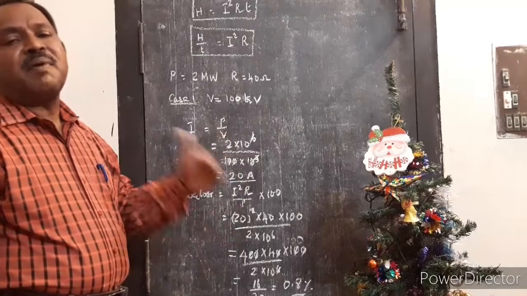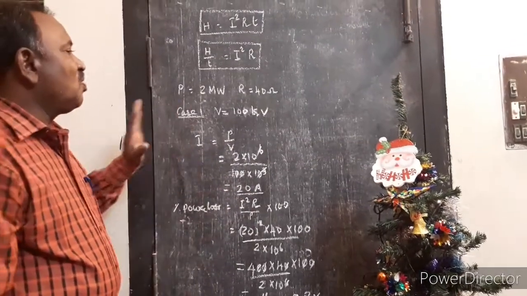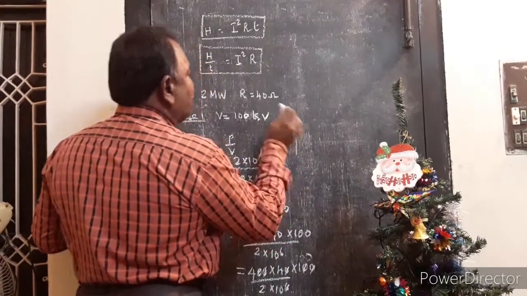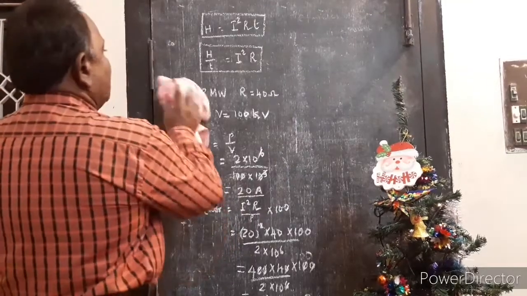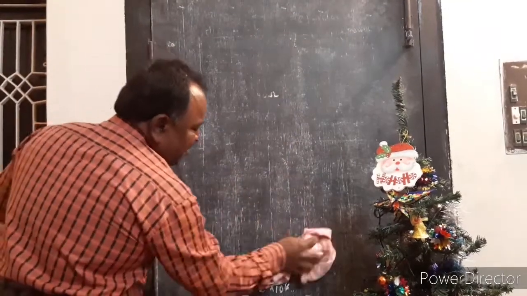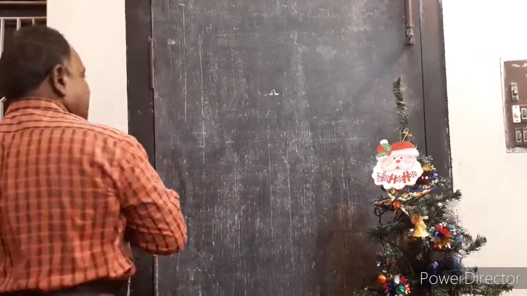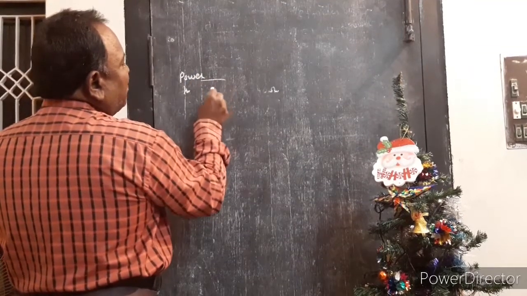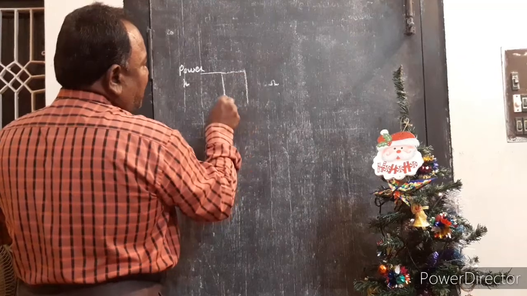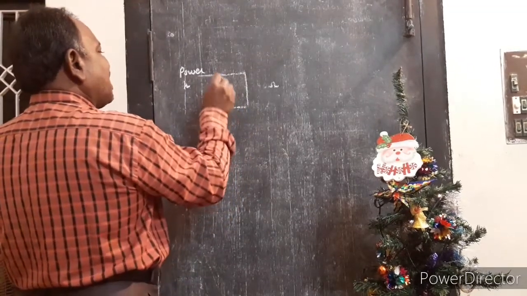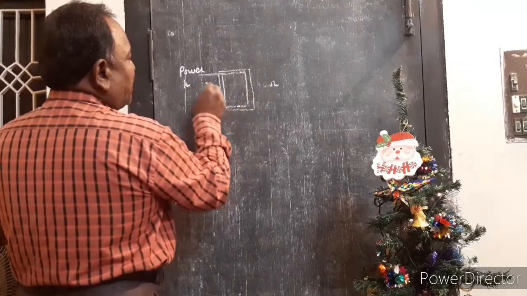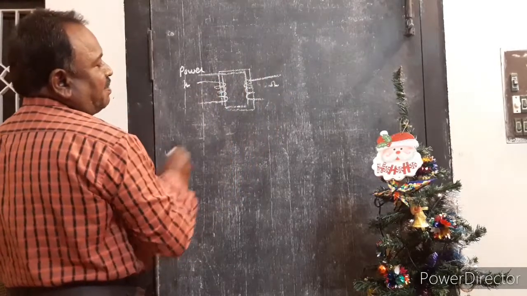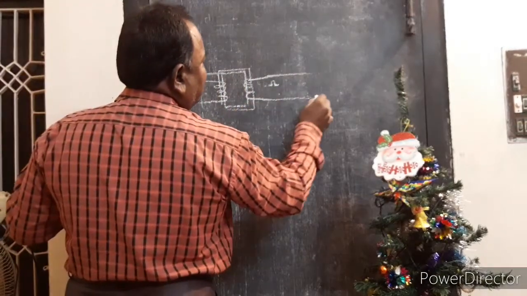So in electric power transmission, this is the power station. I will draw a diagram and explain the electric power transmission. This is the powerhouse. When power is produced, before sending it through the transmission line, it is stepped up using a transformer, and it is given to the transmission line.